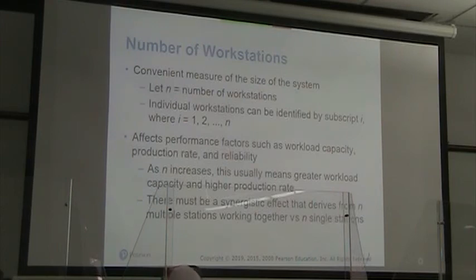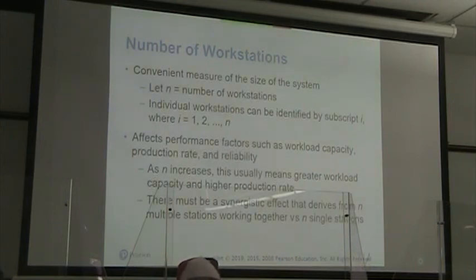So if N equals the number of workstations, individual workstations can be identified by a subscript i, where i equals 1, 2, up to N. The number of workstations affects our performance factors such as our workload capacity, our production rate, and our reliability.